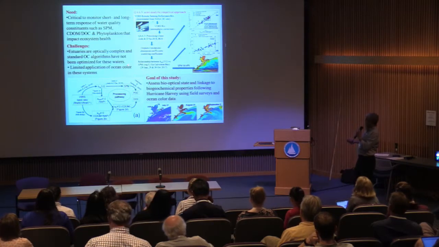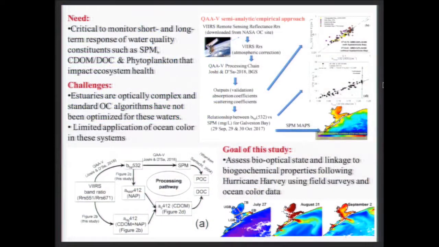As you can see, one of the big issues is that estuaries are optically complex and standard ocean calculators don't work, the algorithms. So we developed empirical relationships and semi-analytical algorithms tuned for estuaries, and the outcome was absorption spectrum, backscattering, and using a set of these relationships to derive CDOM and backscattering, SPM and POC, and also DOC.